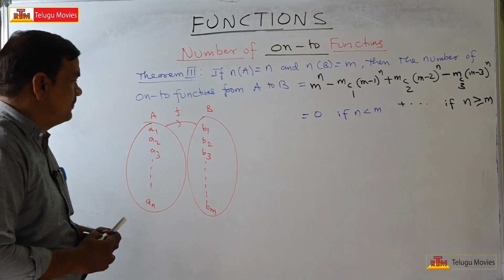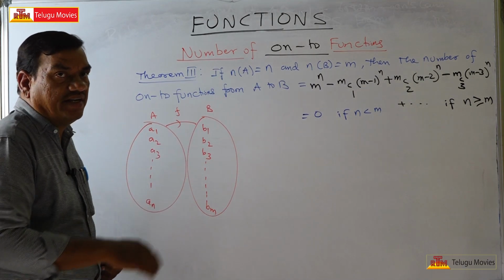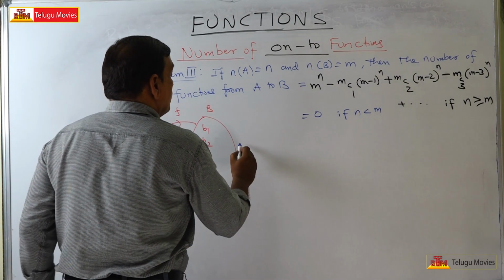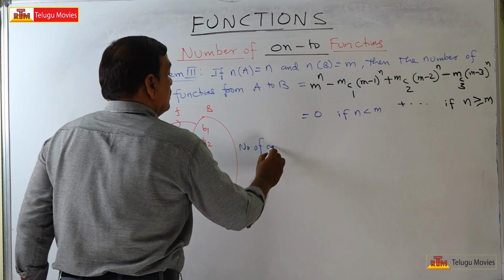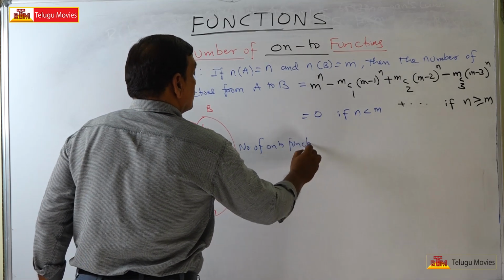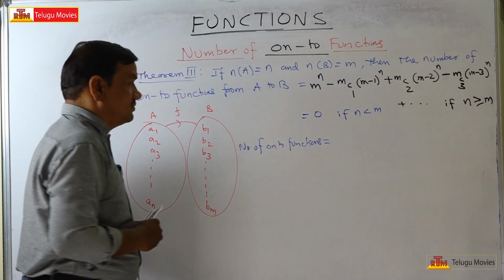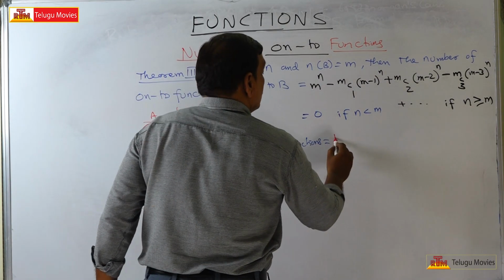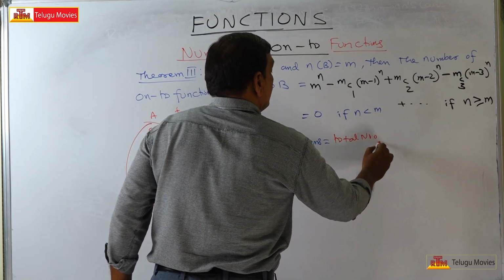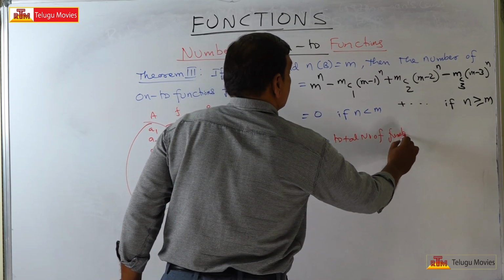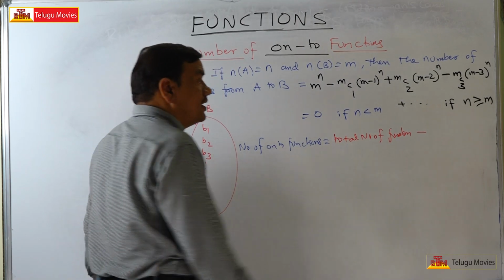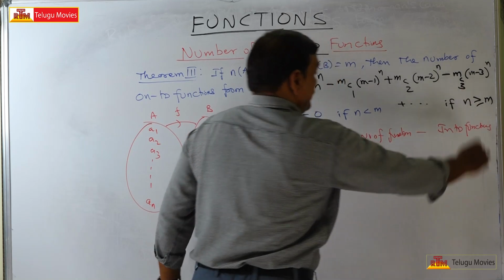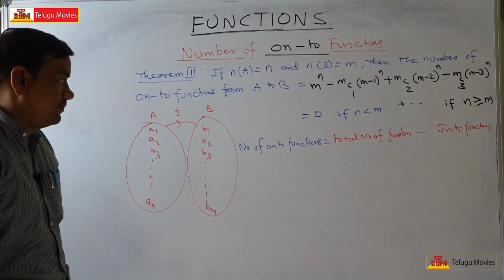Now I am going to find the number of onto functions from A to B. This is equal to the total number of functions minus the number of into functions.